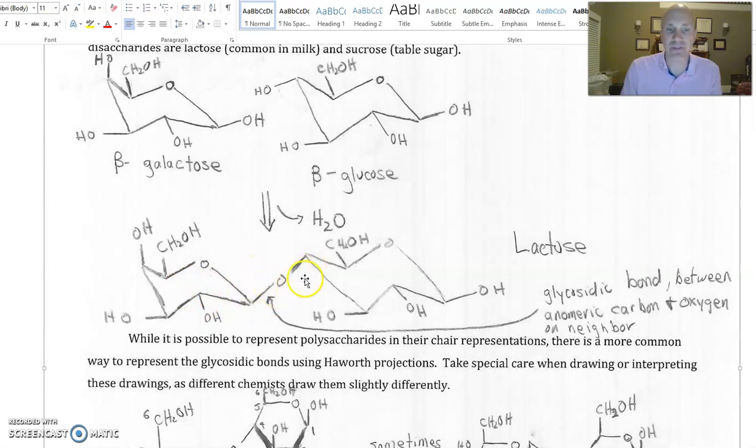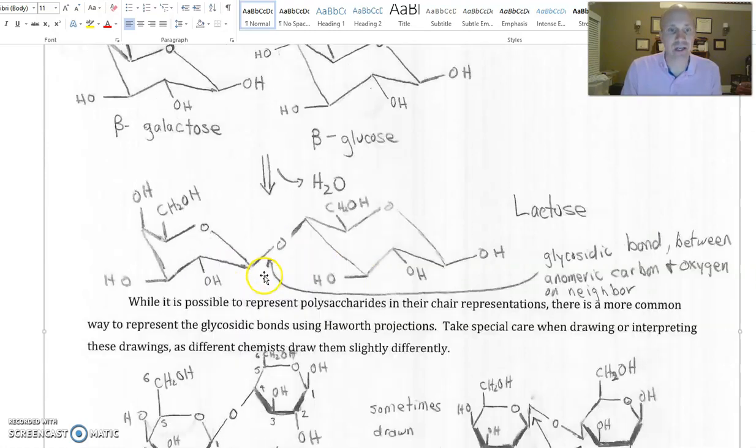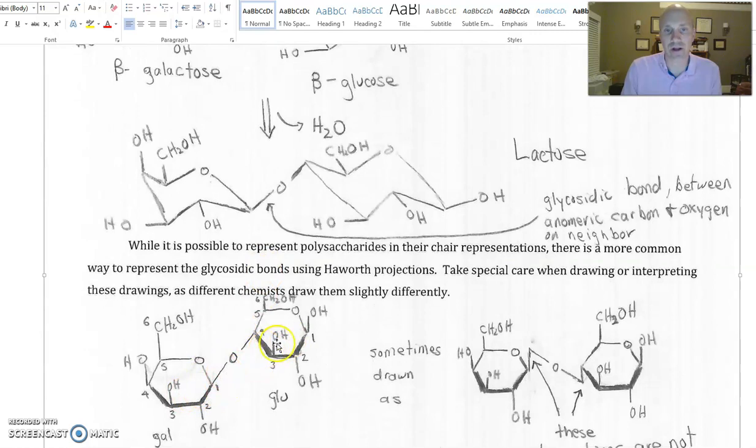The problem is that it's a lot more cumbersome to draw things in the chair conformation as compared to the Haworth conformations. So chemists more commonly will draw these in a Haworth conformation, but in a way that shows the way that the monosaccharides are connected to each other. Notice that in this chair conformation, you can see that this bond is in the up direction. And the way you do that, there's actually two ways that you can do this.